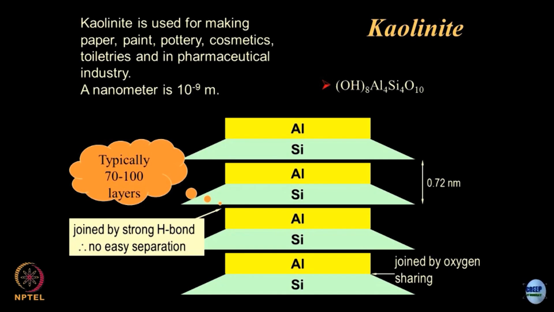So chances are that kaolin will not absorb moisture much because there is a hydrogen bond between the two combination of alumina and silica, and hydrogen bond is a very strong bond, you can't break it so easily. So that is the reason for making potteries kaolin or kaolinite is used, alright, and this is a stable system.